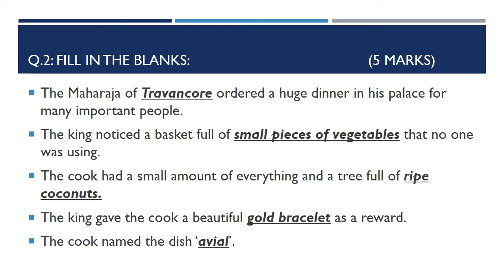The king noticed a basket full of small pieces of vegetables that no one was using. The cook had a small amount of everything and a tree full of ripe coconuts. The king gave the cook a beautiful gold bracelet as a reward. The cook named the dish avial.